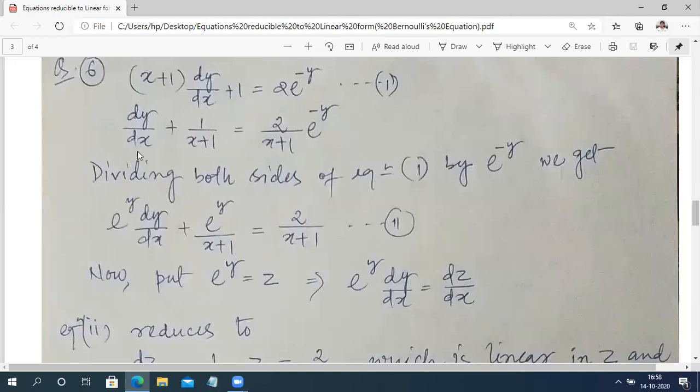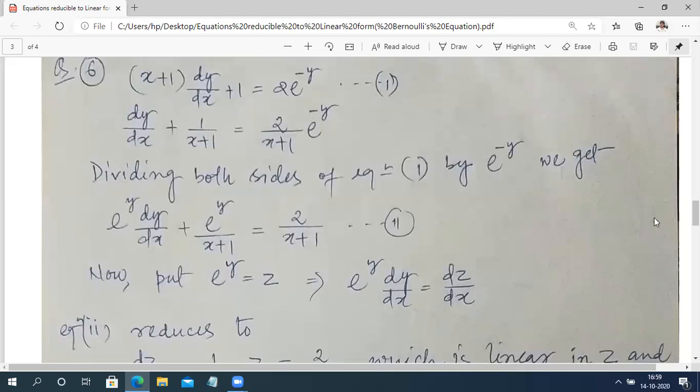It will be e raised to the power y dy by dx plus e raised to the power y upon x plus 1 is equal to 2 by x plus 1. Now substitute e raised to the power y is equal to z, so it will be e raised to the power y dy by dx is equal to dz by dx. So dy by dx is 1 upon e raised to the power y dz by dx.